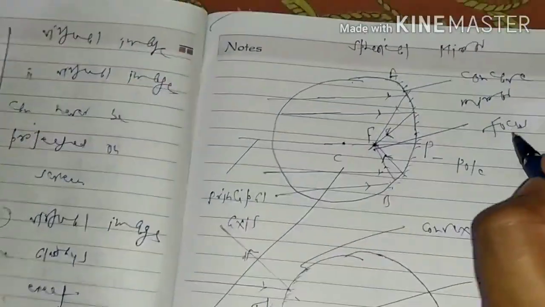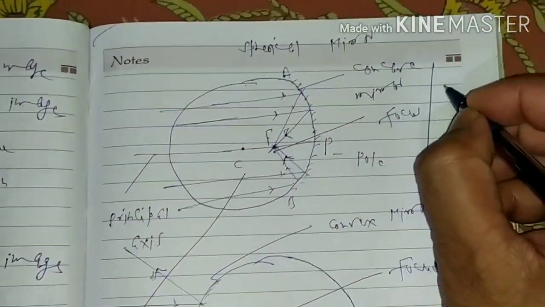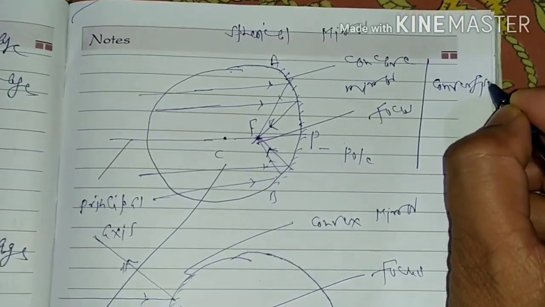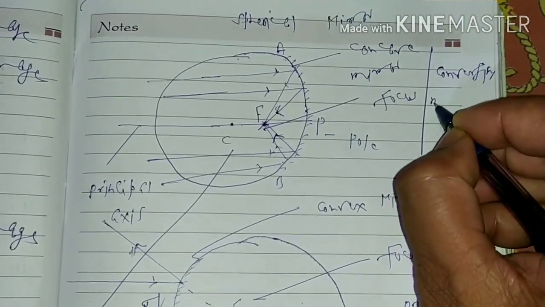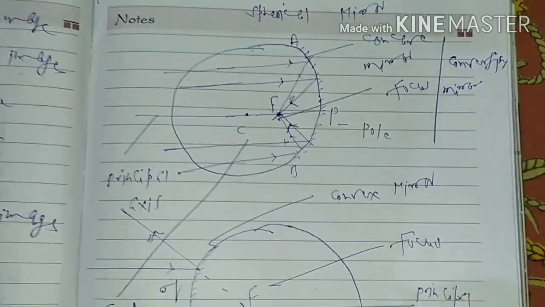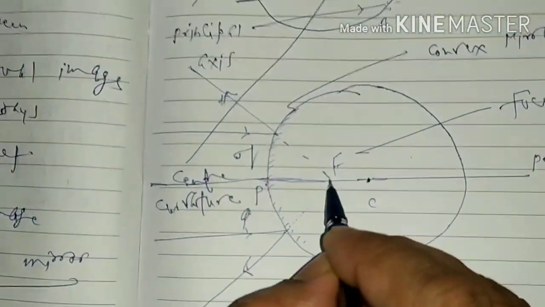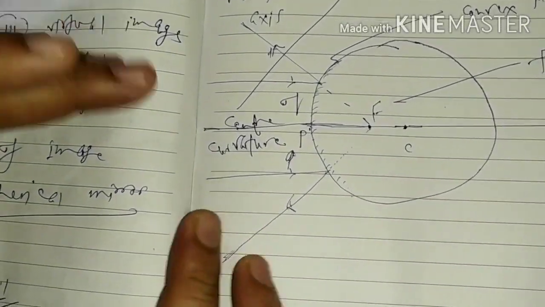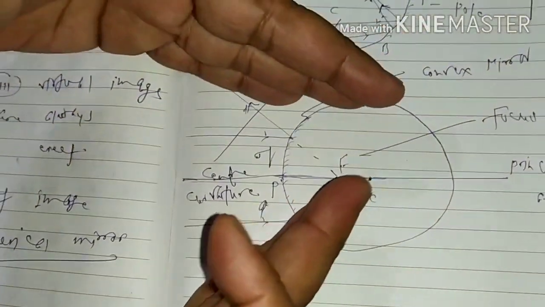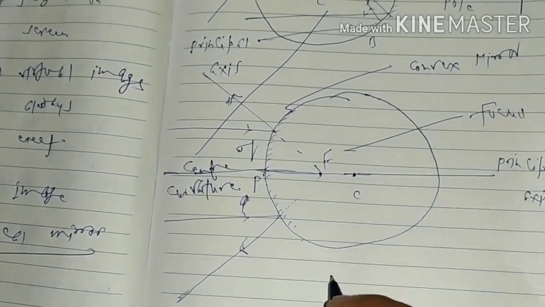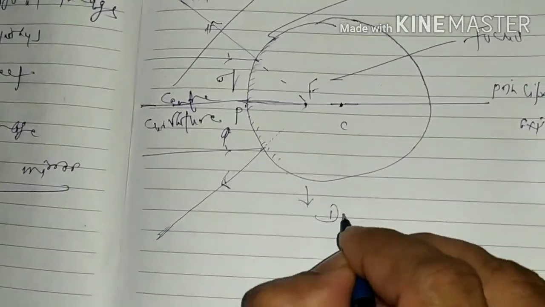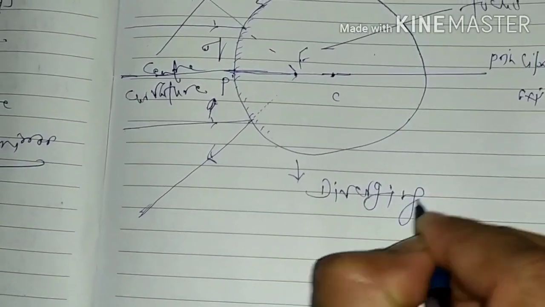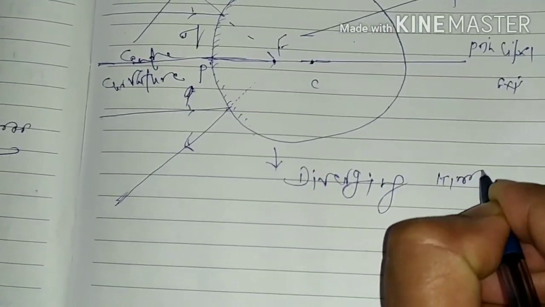But in the case of a convex mirror, rays of light parallel to the principal axis after reflection diverge. So this mirror is also called a diverging mirror.